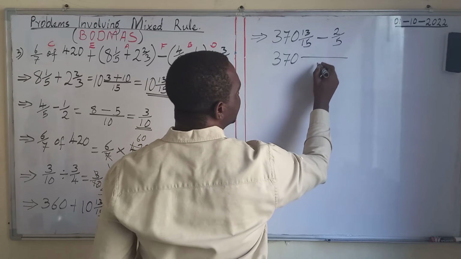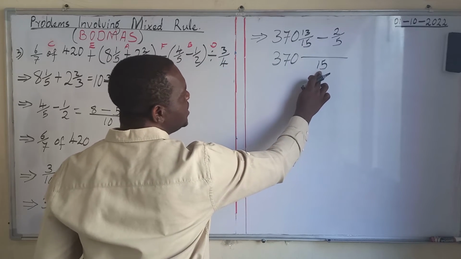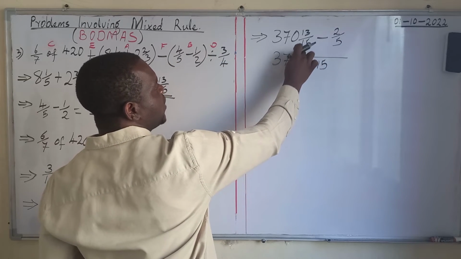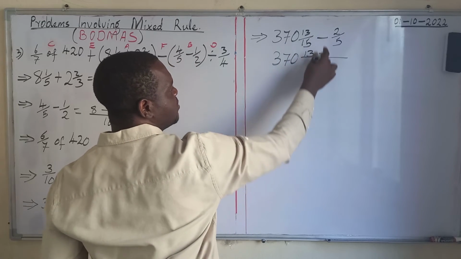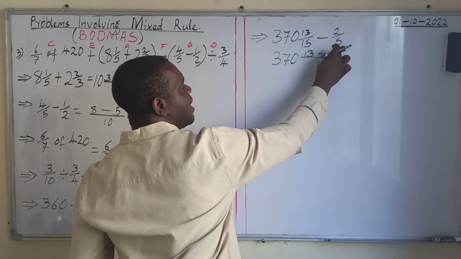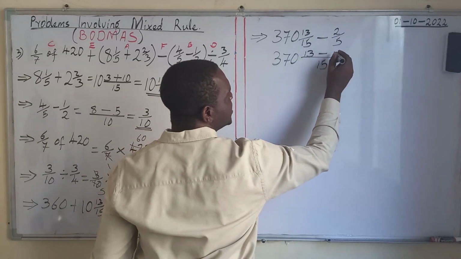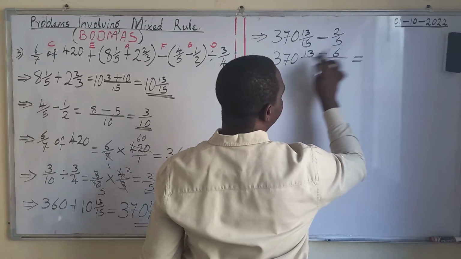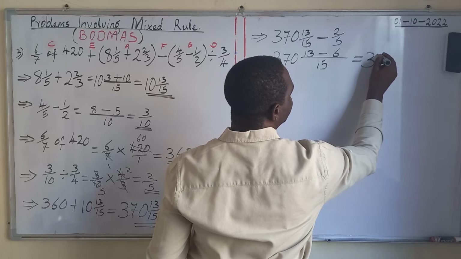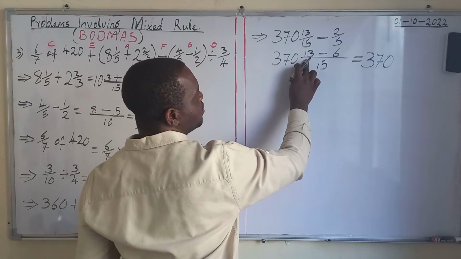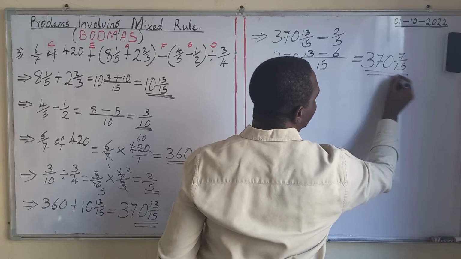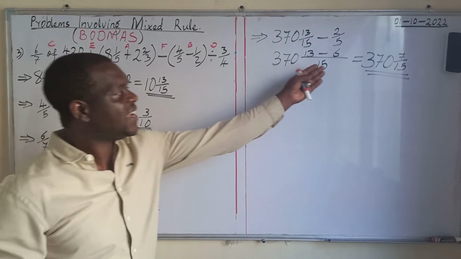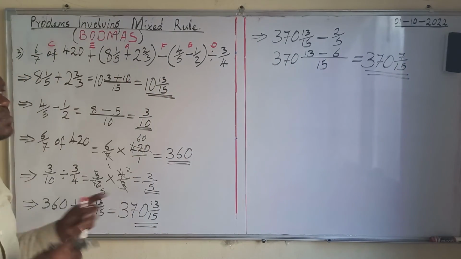And the LCM here is 15. 15 divided by 15 is 1. 1 times 13 is 13. You bring down the minus sign. 15 divided by 5 is 3. 3 times 2 is 6. You bring forth the whole number, 370, and the fraction here will be 13 minus 6, which is 7 over 15. And that is our final answer as far as this problem is concerned.